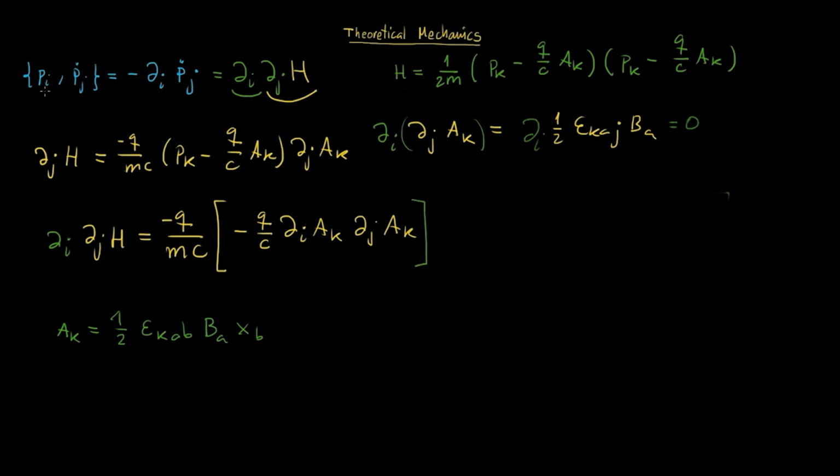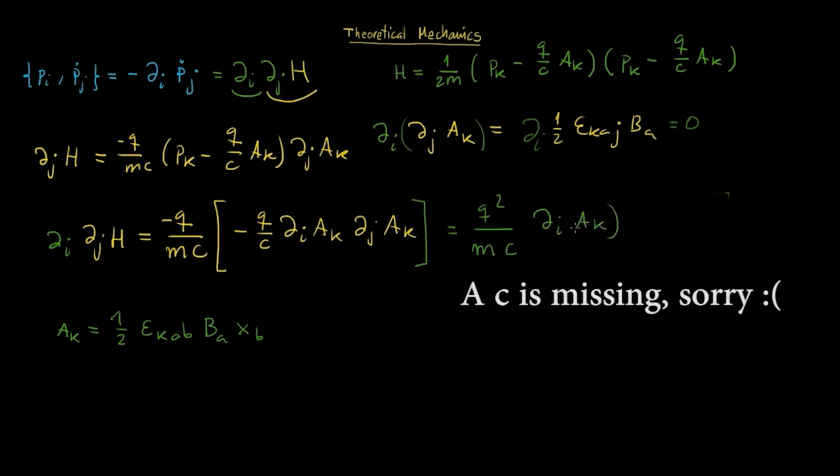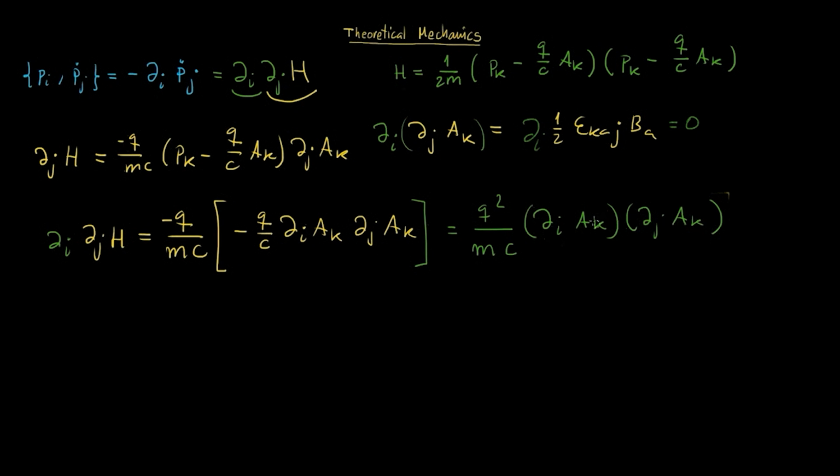So let's simplify a little bit. This is q squared over m c times the partial derivative partial i A_k times partial j A_k. But we already have these computations because if we delete this, there it is.